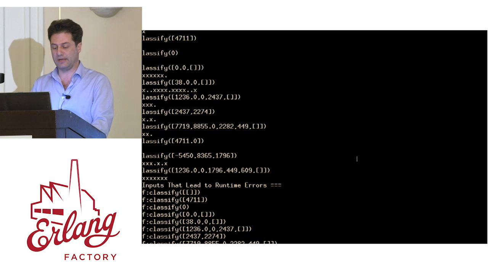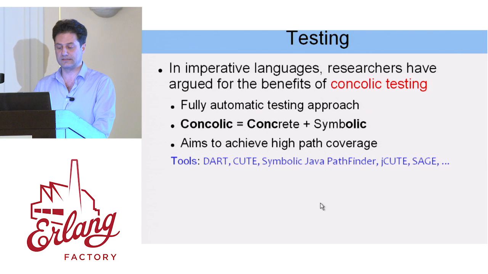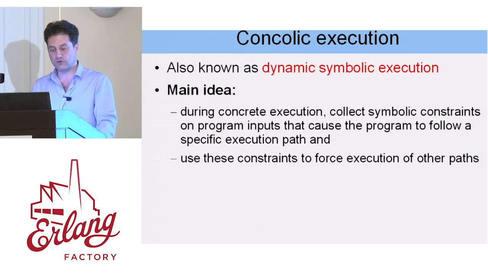Okay, so this is the point where I hope I have convinced you that there is something different going on here in the testing world than in the other testing techniques. Let's see how this one works. Concolic execution is sometimes known as dynamic symbolic execution.